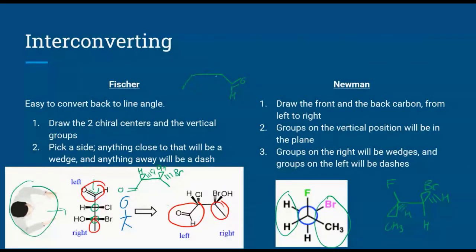But now when I do this, I'm going to say, okay, Cl is a wedge because it's facing me. And Br is a wedge because it's facing me. And so this is going to be OH. This is going to be hydrogen, right? If you notice, I changed my wedges and dashes, but I also changed my orientation of the entire molecule. Because now the aldehyde is on this side, whereas before it was on this side, right? So it's just a matter of perspective, which way you're looking at it.